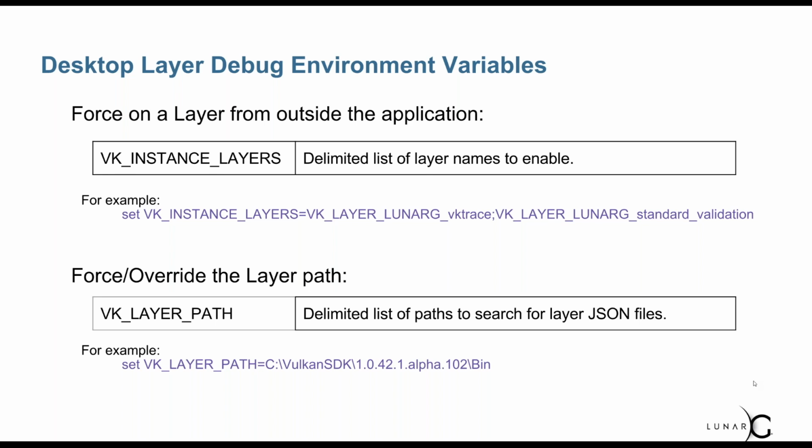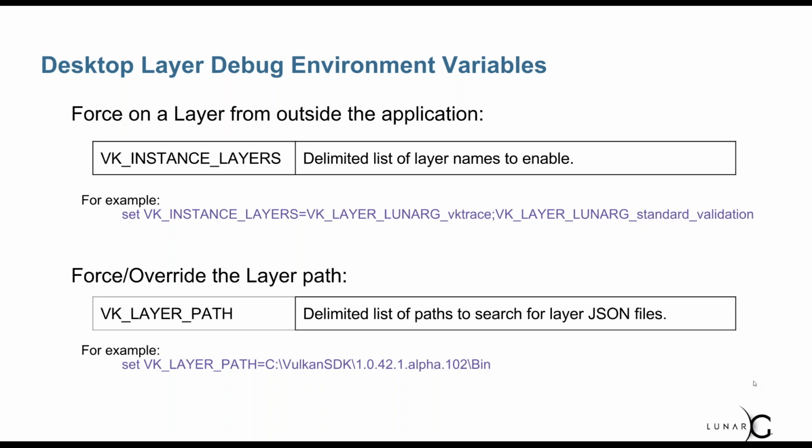So this is another list, separated by semicolons on Windows or colons on Linux, where you can specify one or more layer names. These layers will be added to whatever is defined by the program. So if the program decides to enable API dump and you set your environment variable to enable vktrace and standard validation, all three of them will be enabled.